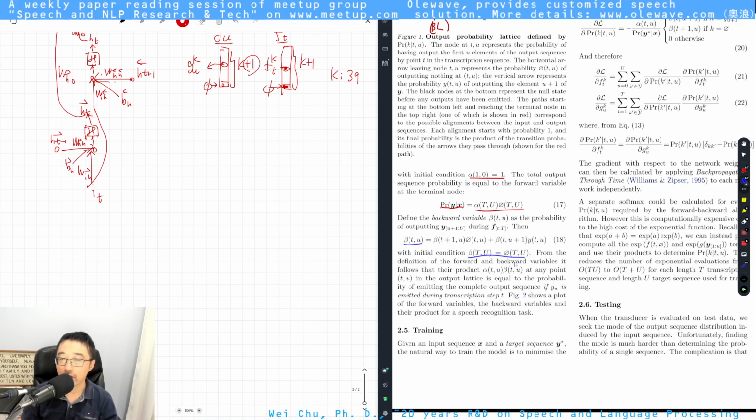So here is something you want to think about. At any point T and U, the product of this in the output lattice is equal to the probability of emitting the complete output sequence if y_u is emitted during transcript step T. This is understandable, right?